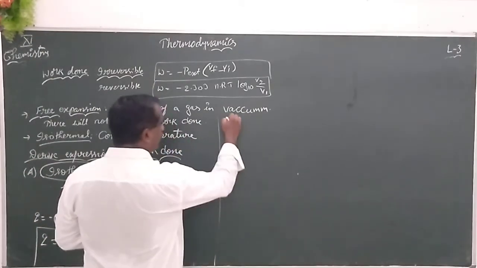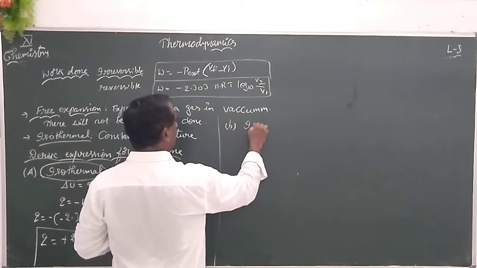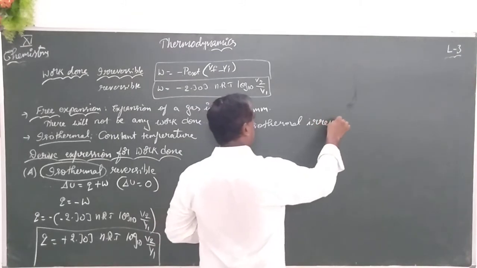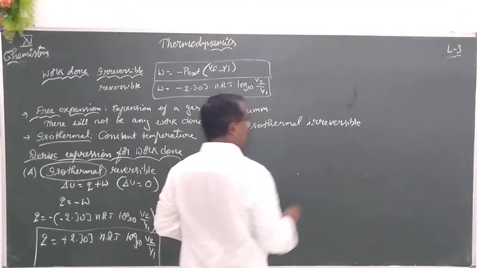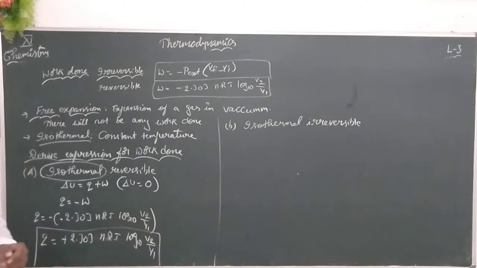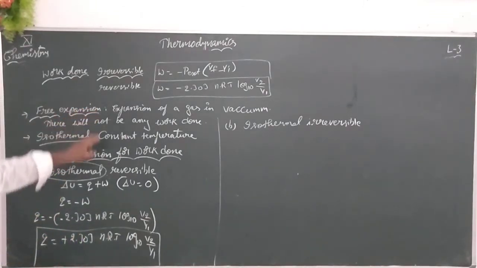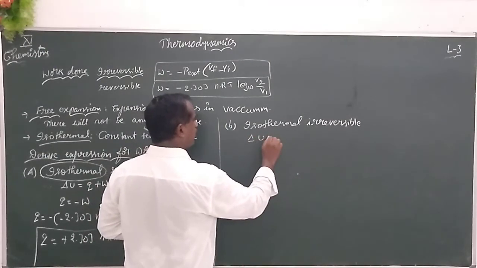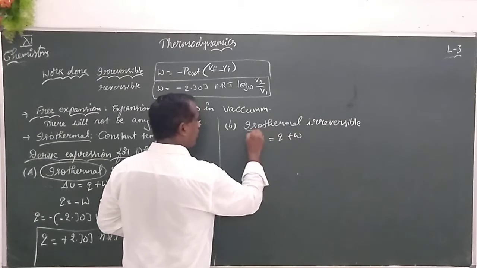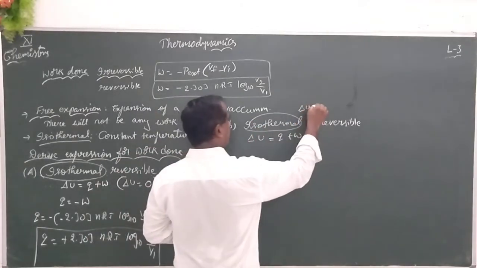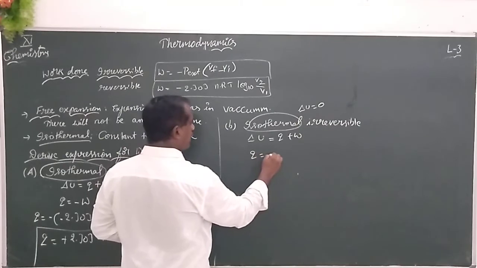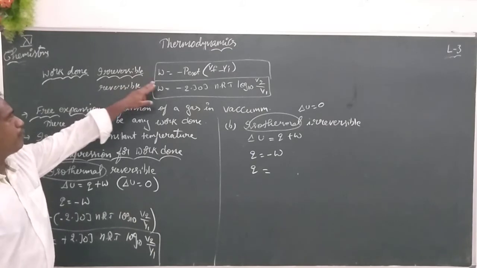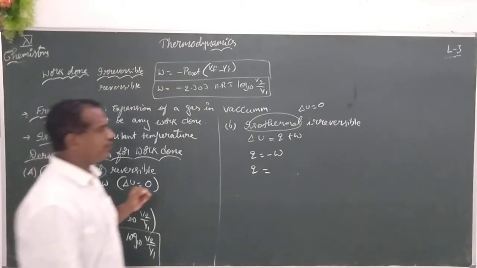In the same way we can derive the work done for isothermal irreversible expansion or contraction of the gas. What is the isothermal state? Delta U is equal to Q plus W. Whenever isothermal is there, delta U will become 0. So Q is equal to minus W. For an irreversible process, W is equal to minus P external into V final minus V initial.